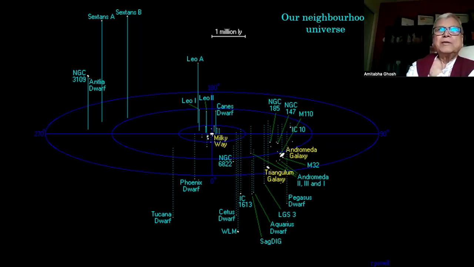And how much is 1 year? A little more than 10^7 seconds. So 3 times 10^5 into 3 times 10^7, approximately 10^13 kilometers.